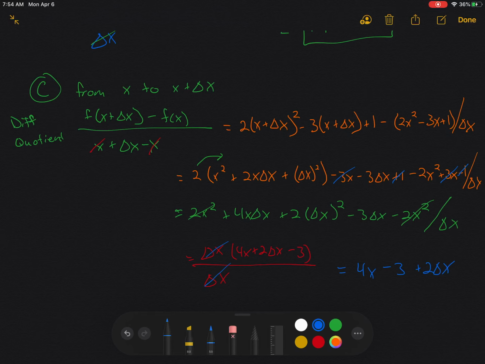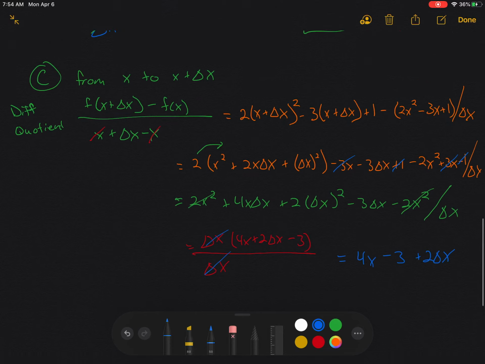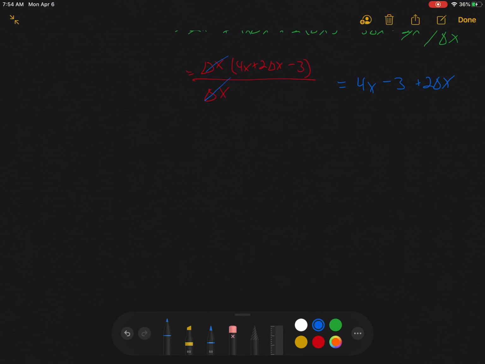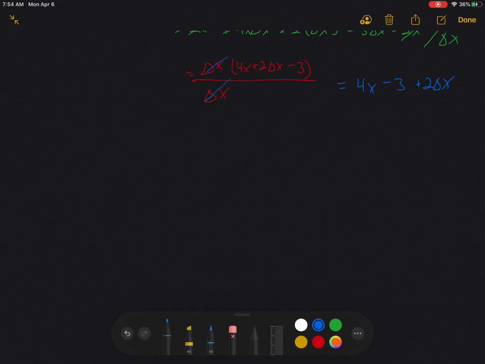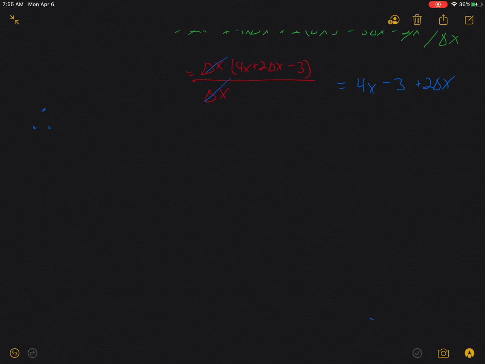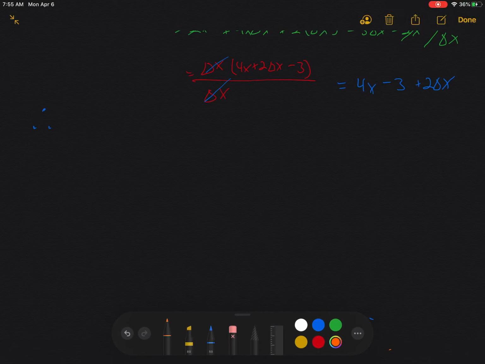Now, if you think about this difference quotient, we could actually go back and use this equation and solve anything we want. If we go back, remember that original one, x was 5 to 9, right?